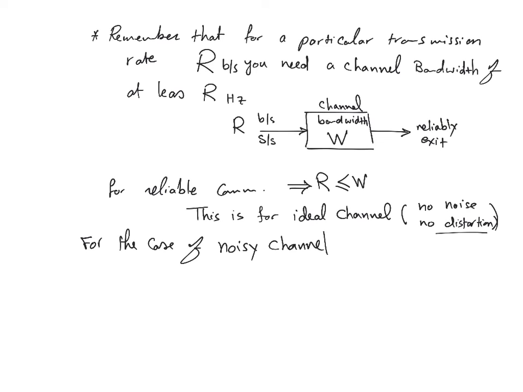What if we look at the case of a noisy channel? What's going to be the limitation of my transmission rate? For the case of a noisy channel, there is something called the Shannon capacity theorem.